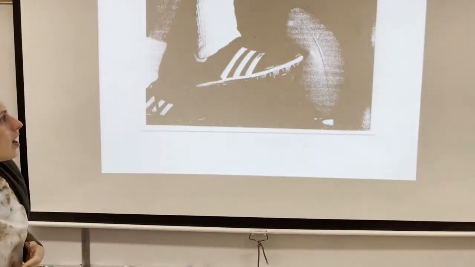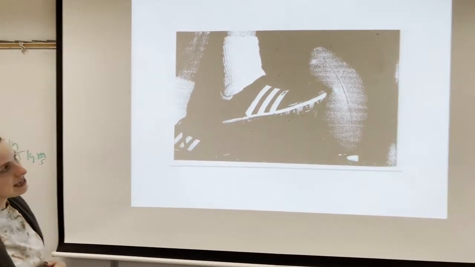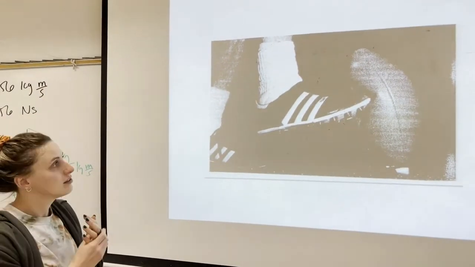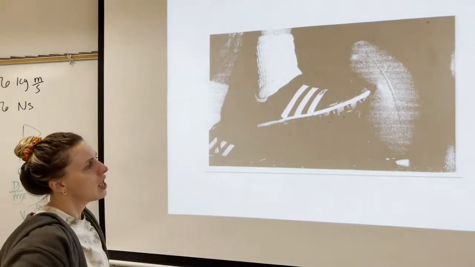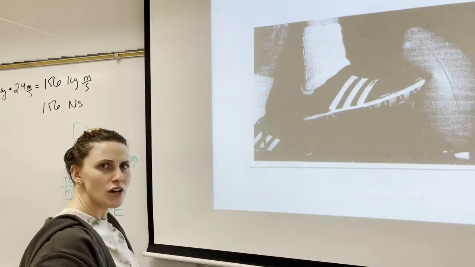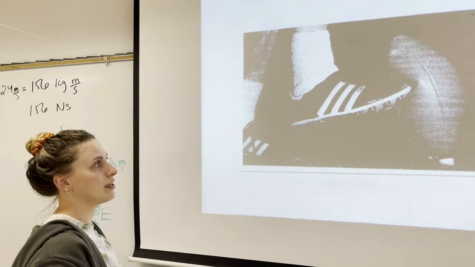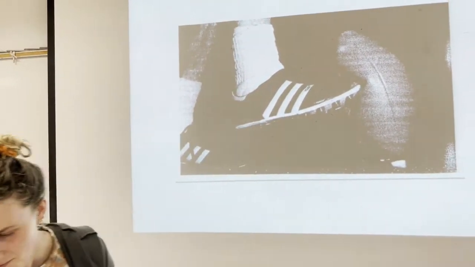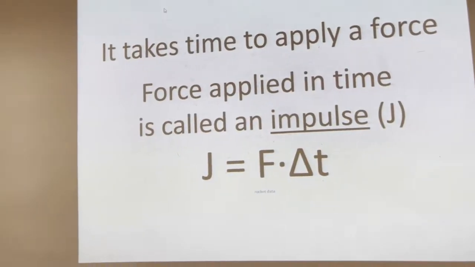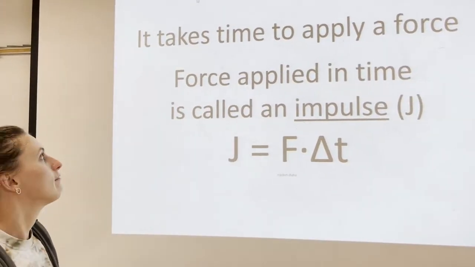So we have the foot doing work on the ball. We're kicking the ball with a force, and it's going a certain displacement. But also, we're putting a force on the ball, and what's going by? Time goes by. So it takes time to apply a force.